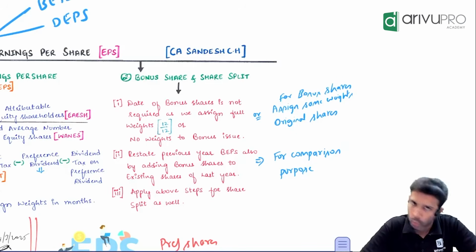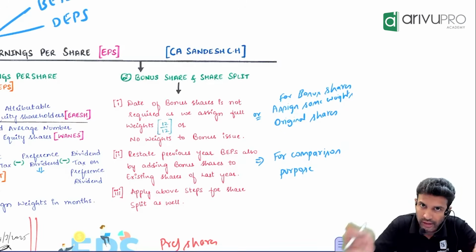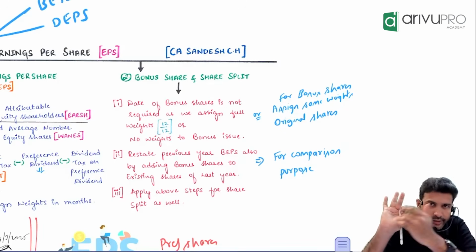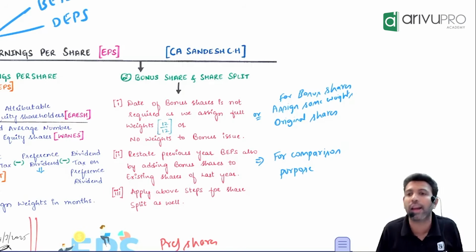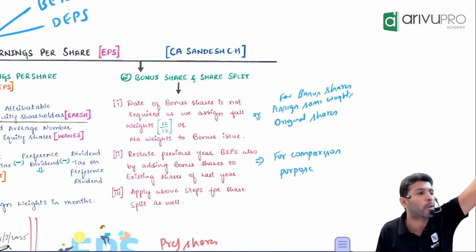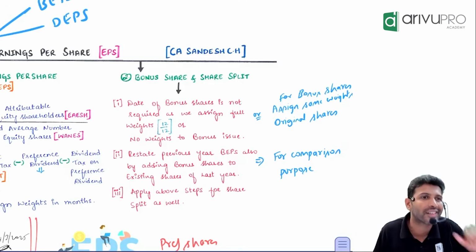A better approach: will you directly get bonus shares, or must you first already have original shares? Only if you already have some shares will you get bonus shares. Now I don't have any shares in Reliance. Reliance has come out with a bonus issue. Will I get bonus shares of Reliance? Not get.